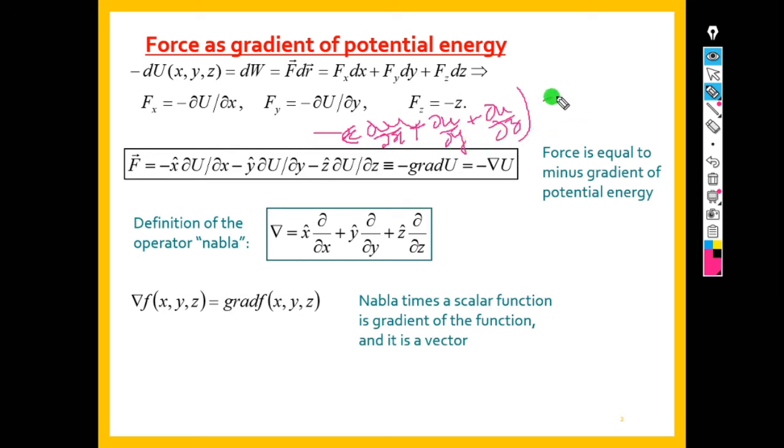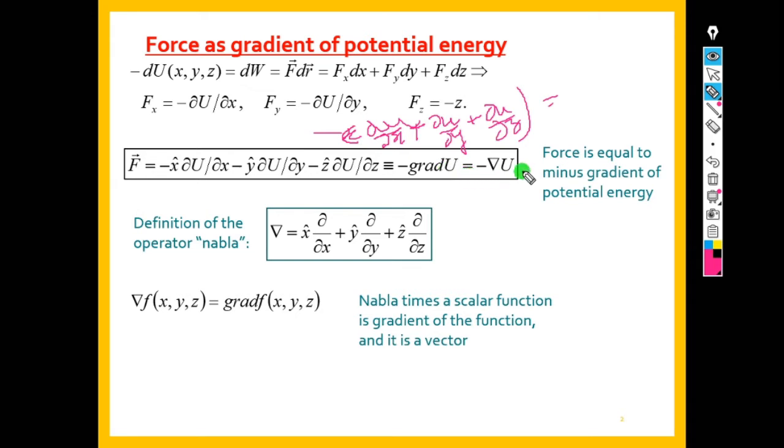That means we can take U common in all three terms, so we will get dou by dou x plus dou by dou y plus dou by dou z of U. We know that this is nothing but the gradient. So minus of grad of U gives our force.